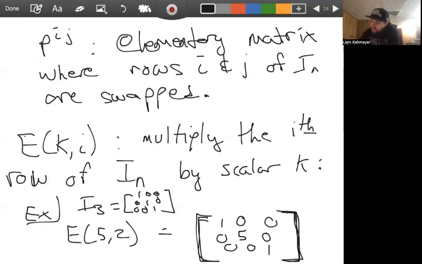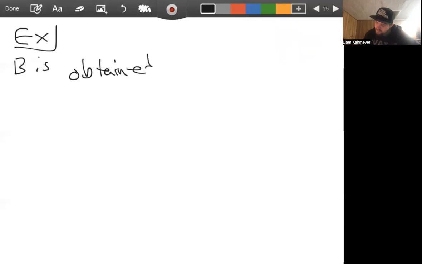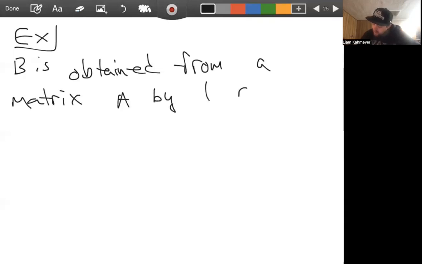I want to quickly go over an example and describe where elementary matrices can come into play. Let's say B is obtained from a matrix A by one row operation.